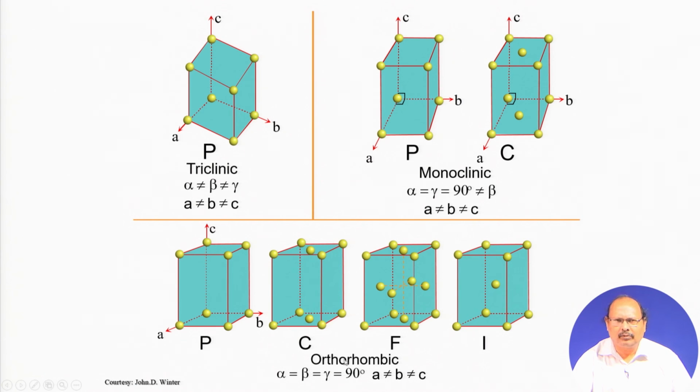Now, let us come to the orthorhombic crystal system, where all the 4 varieties of lattices are present. This is the primitive one, and you remember in orthorhombic, a is not equal to b is not equal to c, and the important thing is that alpha is equal to beta is equal to gamma is equal to 90 degrees.